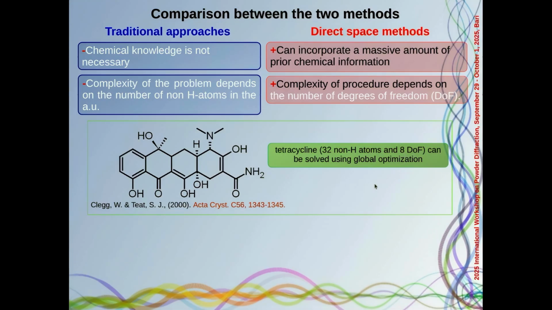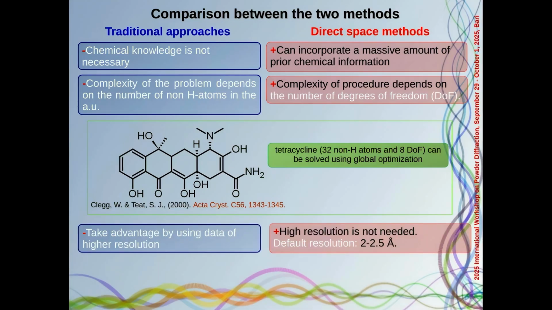The consequence of the application of direct space methods is that today you can solve structures that are too big to be refined using refinement methods, because you have a large number of variables, and sometimes you could have only X-ray laboratory data. So in this case, you have a big structure, a lot of variables, not good quality data, but the data quality is sufficient to solve the structure, but not to refine the structure using refinement methods.